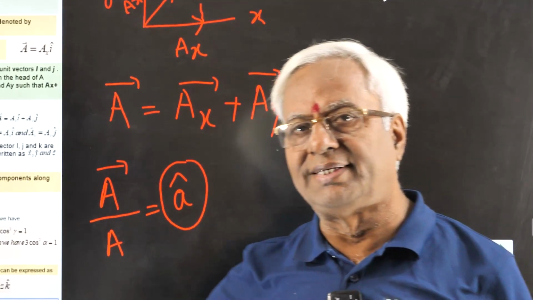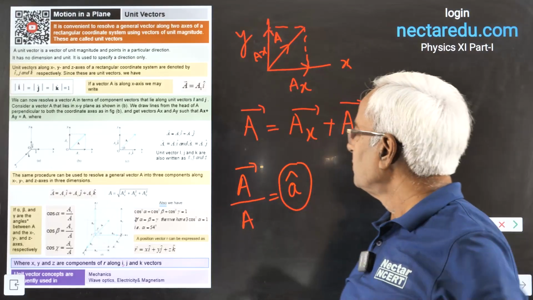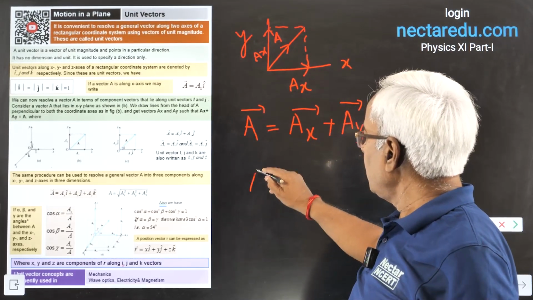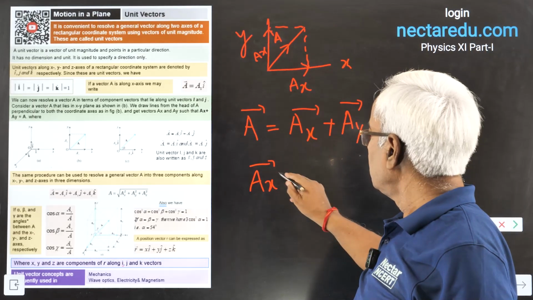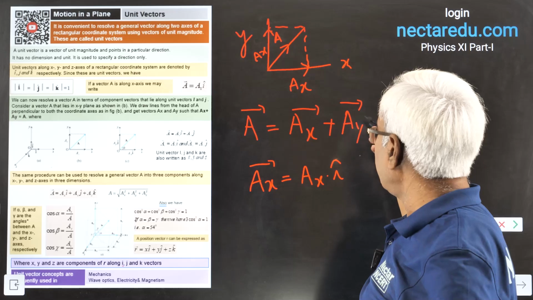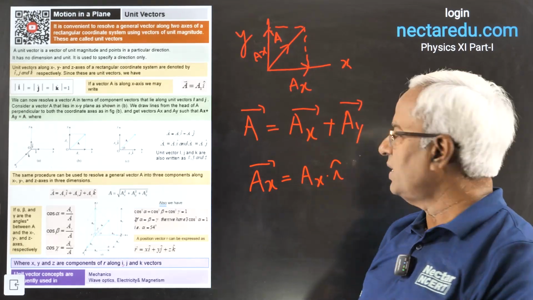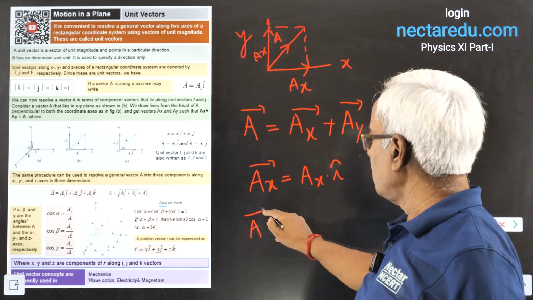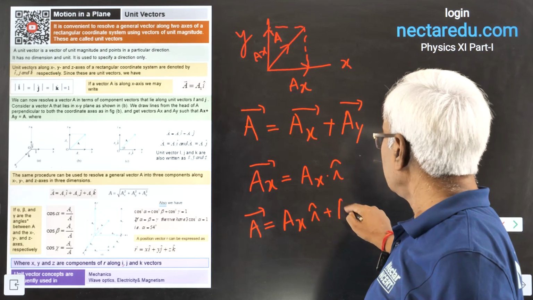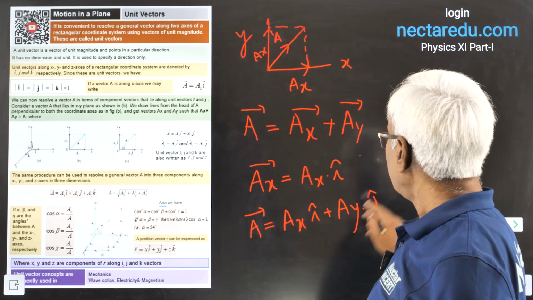They have fixed direction. So we can write vector ax as axi, similarly ay as ayj. Then vector a becomes axi plus ayj and so on.